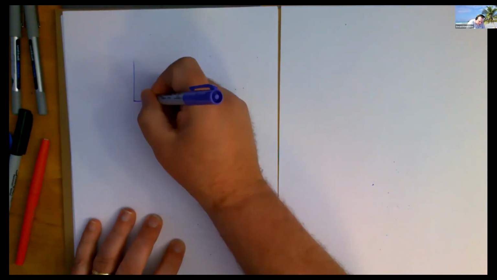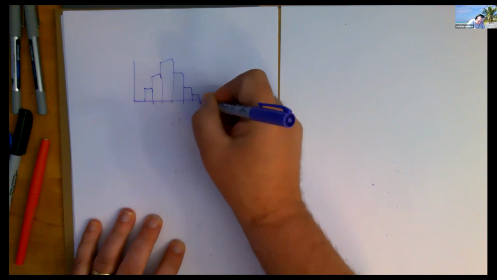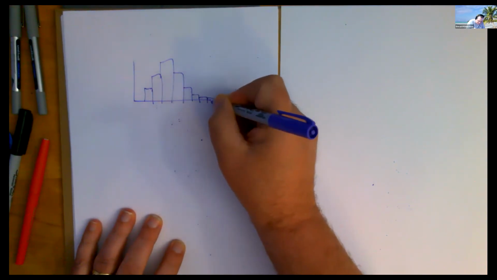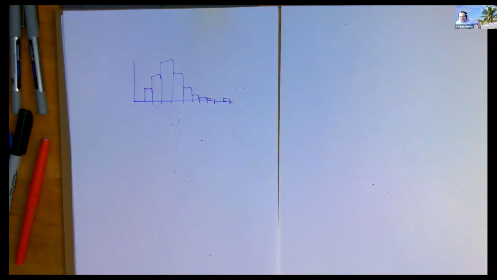So if I gave you a histogram, and it looked like that, right? So this is my histogram. Unimodal, bimodal, multimodal. Unimodal? Yeah, one hill, unicycle, one wheel, right?